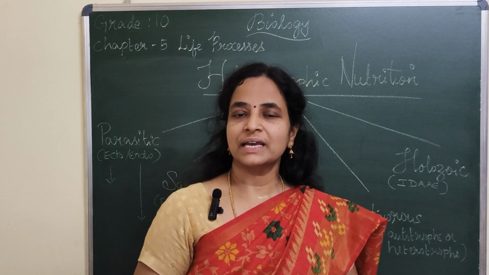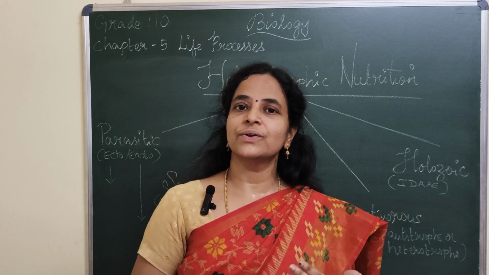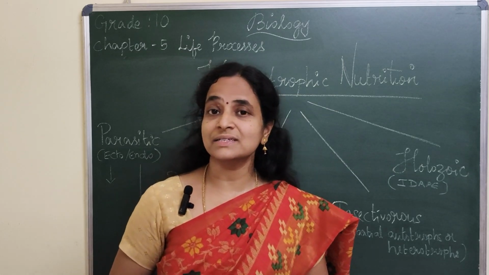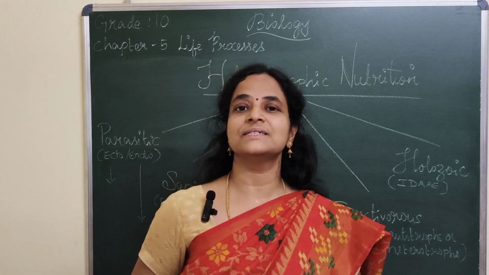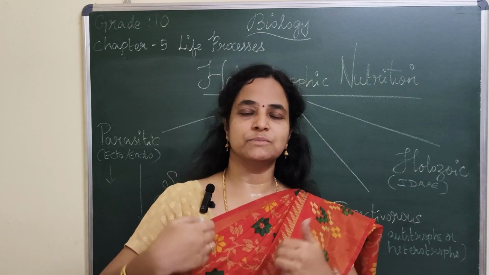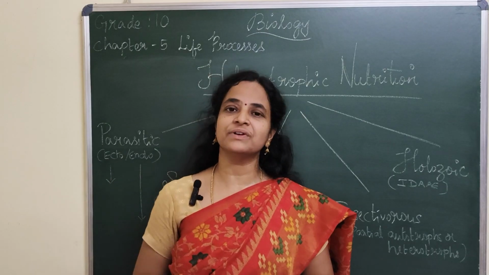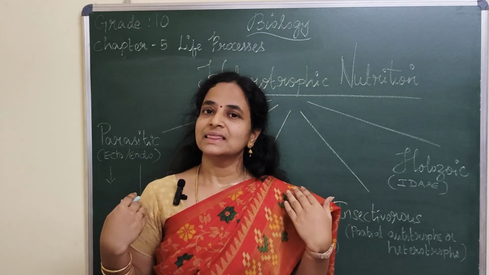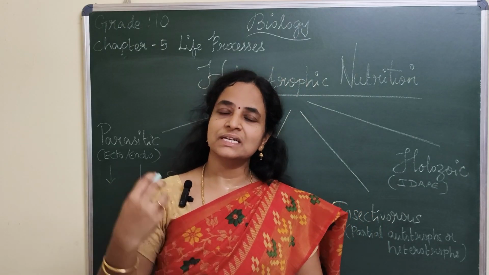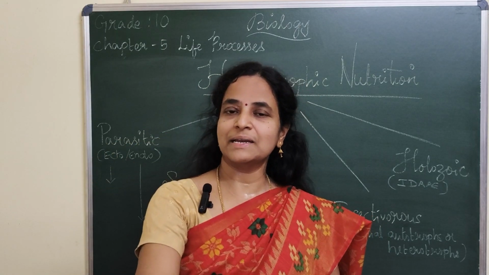A very important character of fungi is that they undergo extracellular nutrition. What do you mean by extracellular digestion? Usually the organism takes in food and absorbs nutrients, whereas saprophytic organisms produce an enzyme. Those enzymes act on the dead and decayed matter.